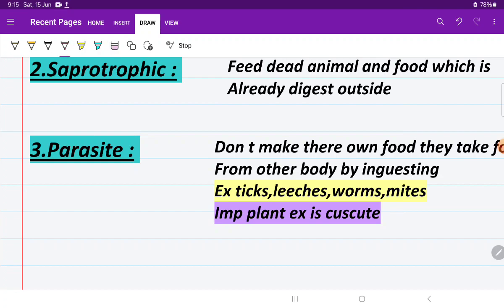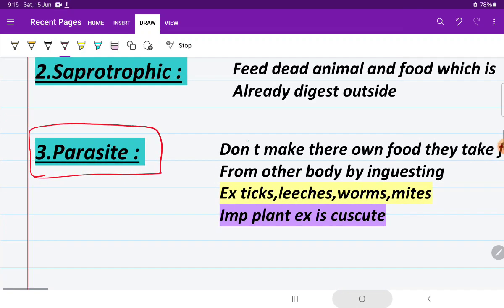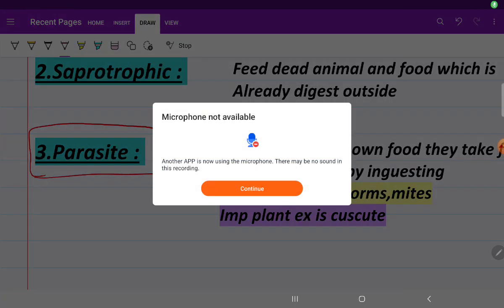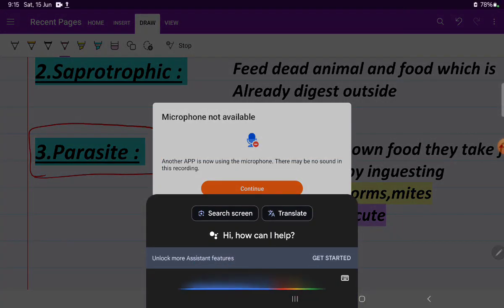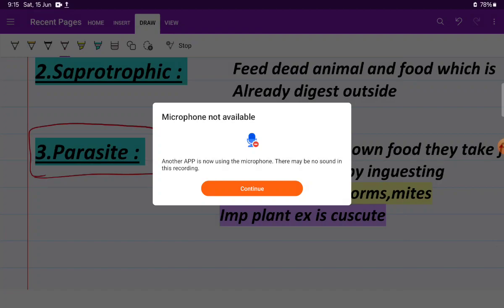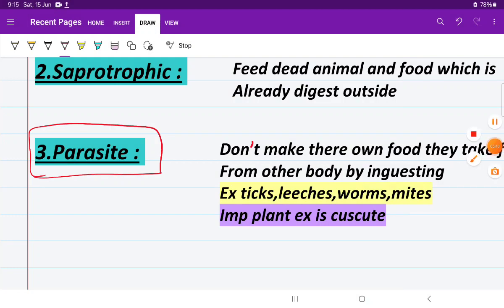Now let's see what is parasite. Parasites are those organisms which are directly dependent on living organisms.